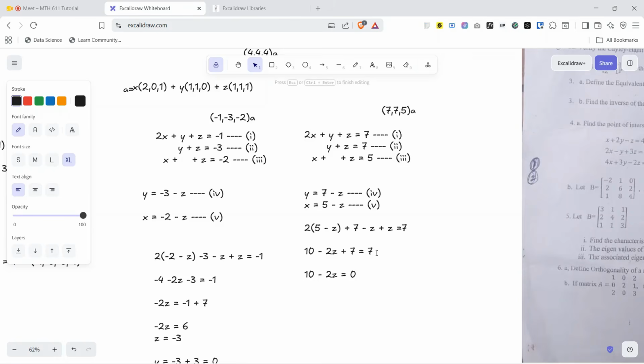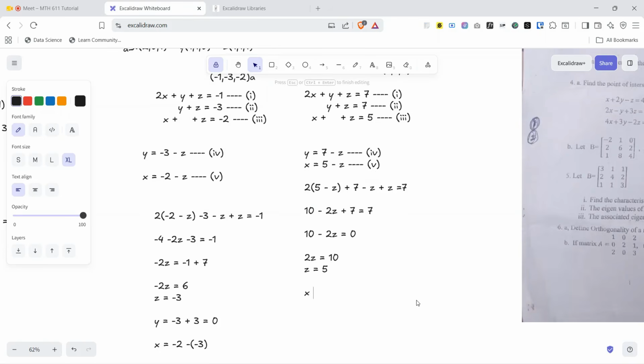So you can move either of them. That will be 2z equals 10, z equals 5. The reason I change this is because if I move this here, this will become plus. If I move this here, this will become minus. So the minus will cancel each other. So z is 5. That means x will be 5 minus 5, which equals 0.